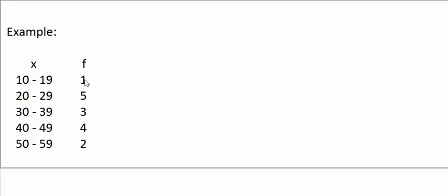So this is saying that in the data set, there's one number in the tens, five numbers in the 20s, three in the 30s, four in the 40s, and two in the 50s. So it's the frequency of this category. It's not the frequency of just one individual number.